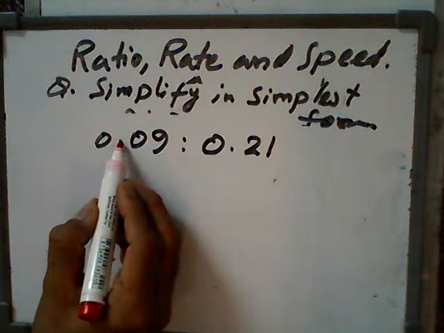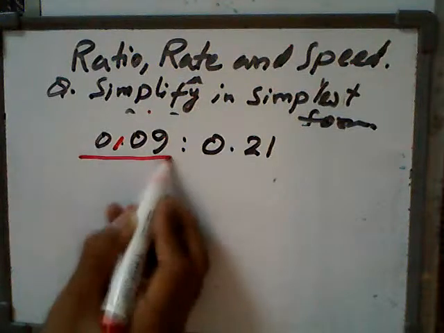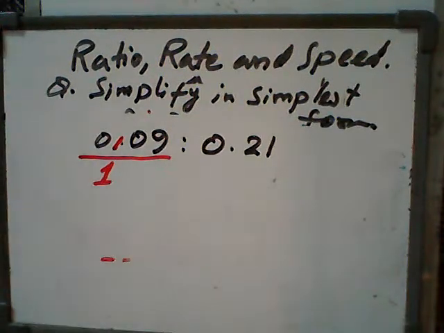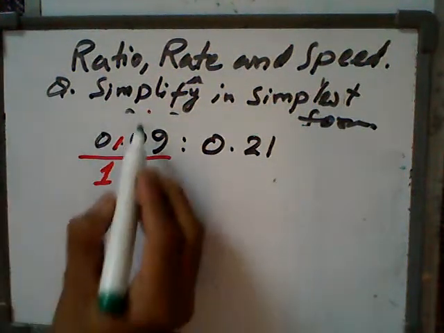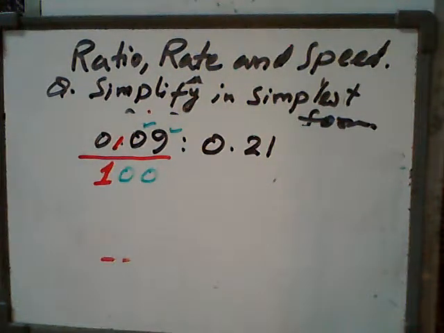How will we remove the decimal point? As usual, we have done it in previous classes that we remove the decimal point by putting 1, and after the decimal point there are two digits, so I'll be putting two zeros, and the ratio is the same.